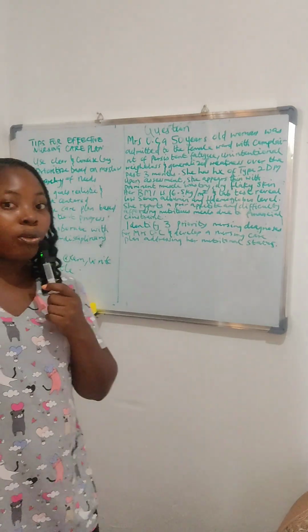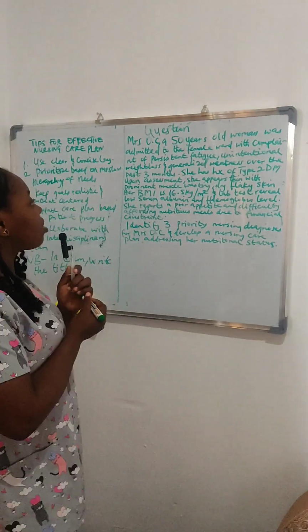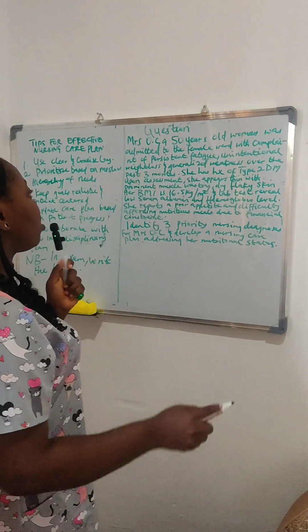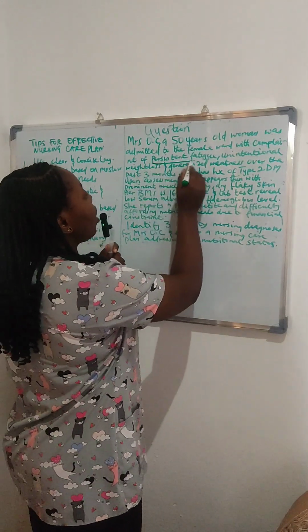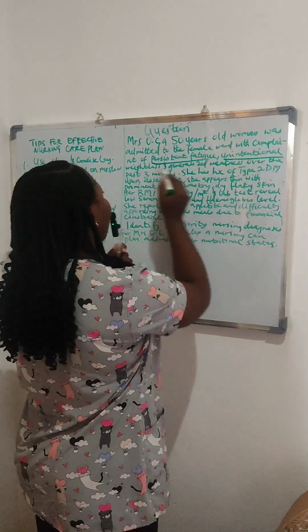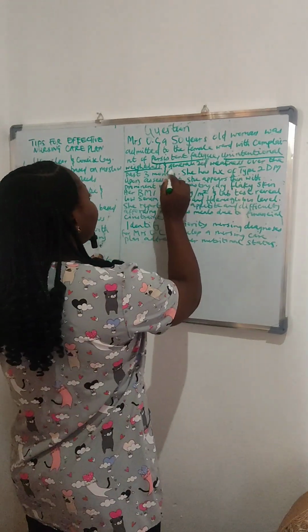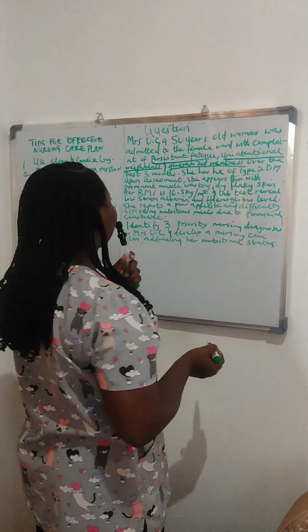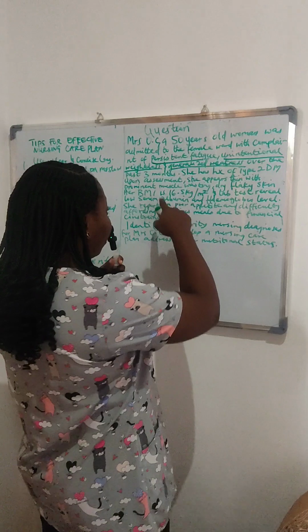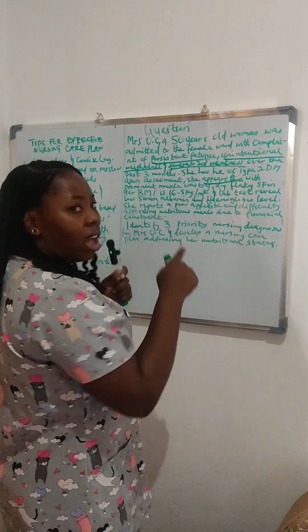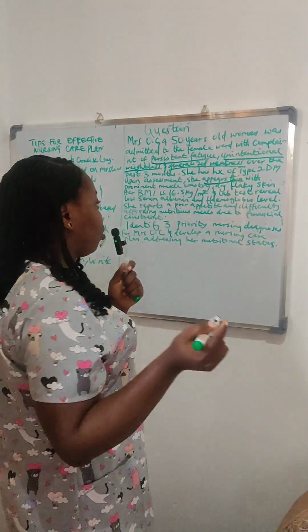So we are going to form the nursing diagnosis. The signs and symptoms are persistent fatigue and unintentional weight loss. She's not doing weight loss on purpose. She has generalized weakness, and on assessment she also looks thin. This denotes that she is kind of having malnutrition.